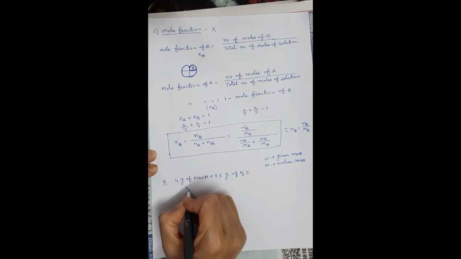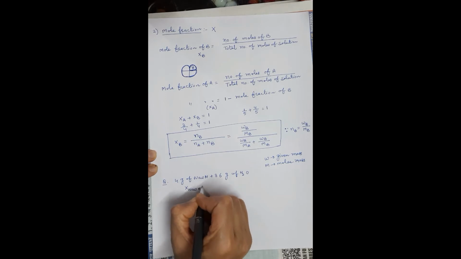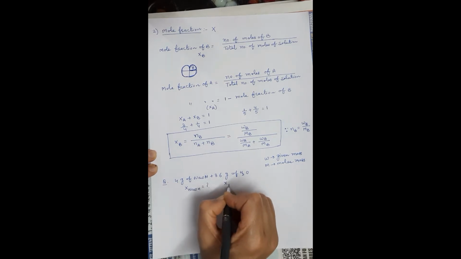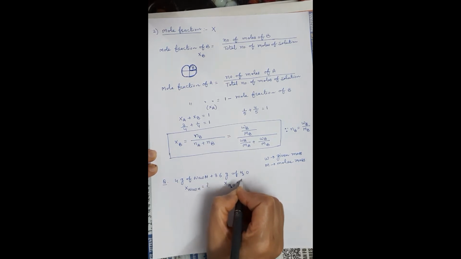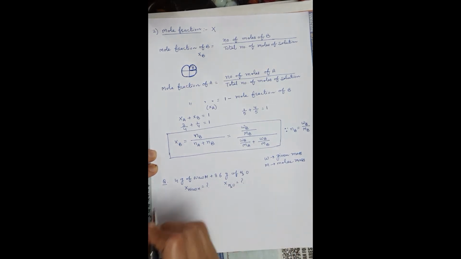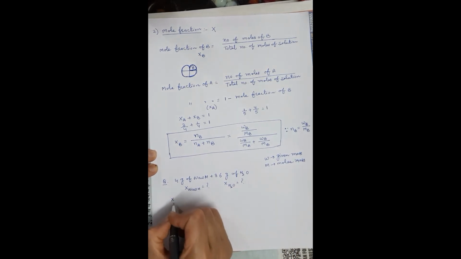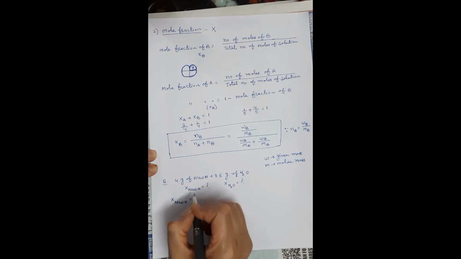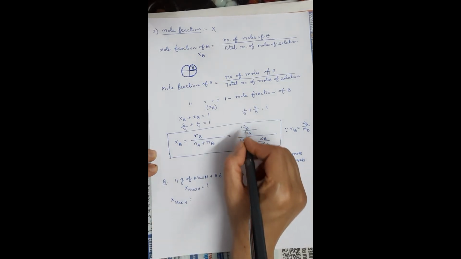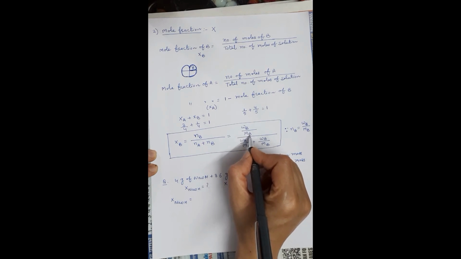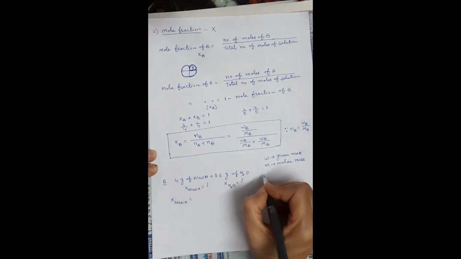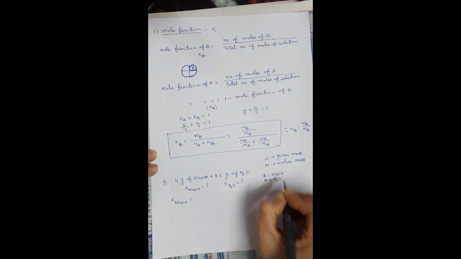It means we need to find the mole fraction of sodium hydroxide as well as the mole fraction of water also. Suppose we find the mole fraction for NaOH first, how will you find out? I'll do the same thing. WB upon MB. Who is B in this case? B is NaOH because it is solute, and A is solvent, which is water.